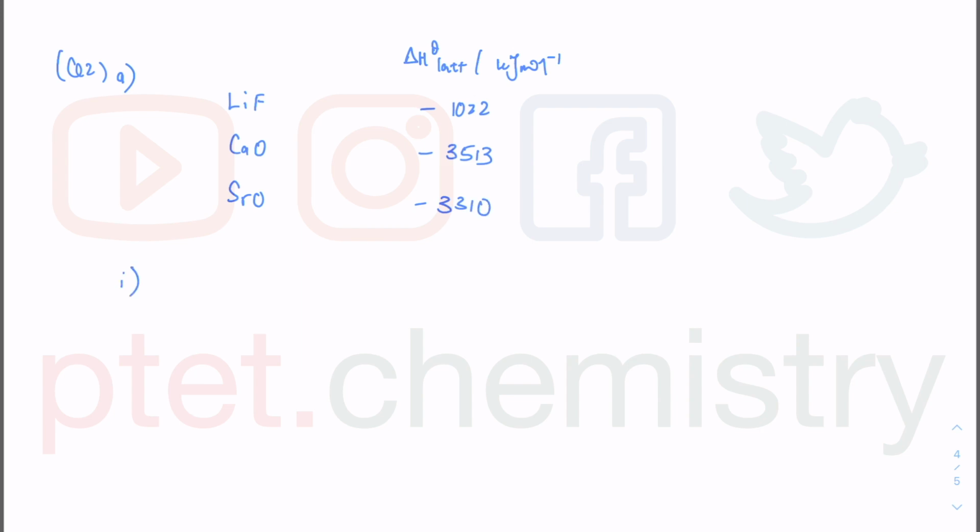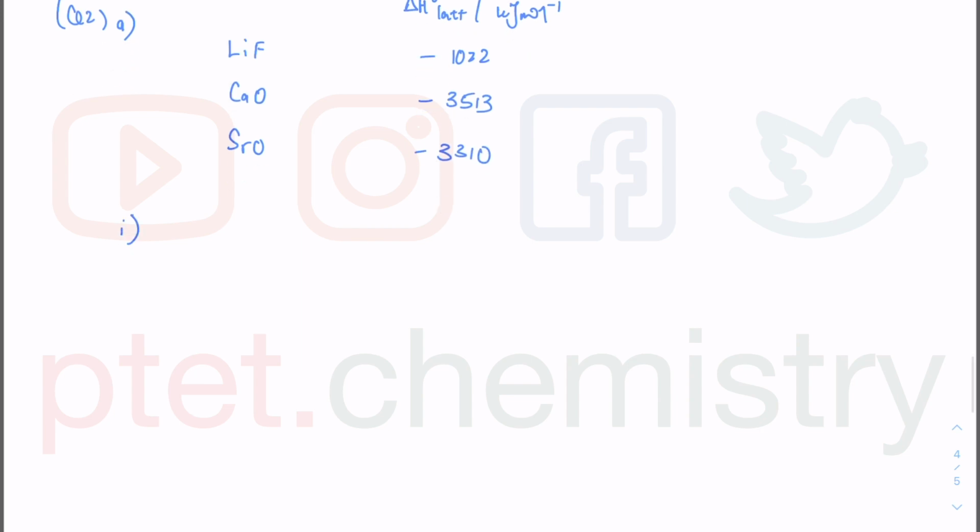Okay, so they want you to define the term lattice energy for 2 marks. You will realize that a lot of Cambridge questions start off by asking you to define something. So you should really have prepared for definitions, everything from AS definitions to A2 definitions, all right?